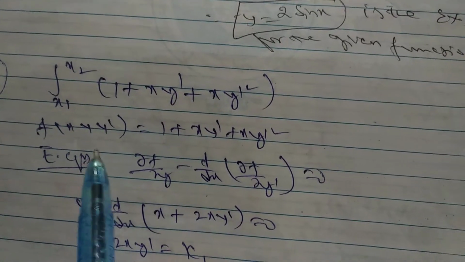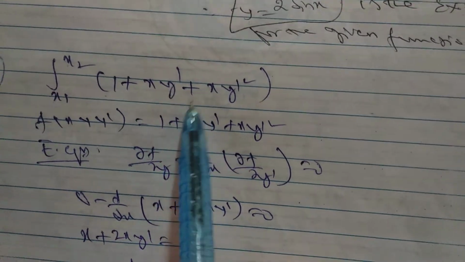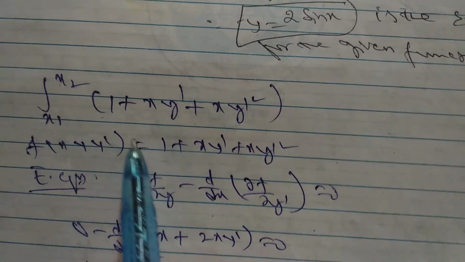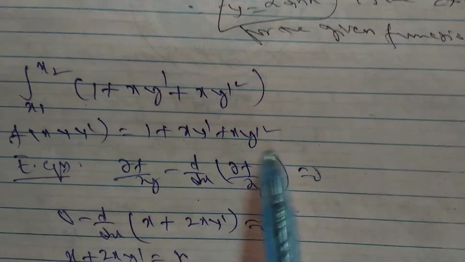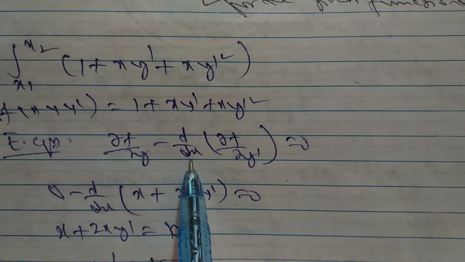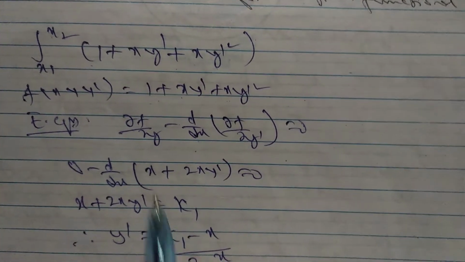Next problem: the integral from x1 to x2 of (1 + x y' + x y'^2). So here also, same thing, you take the function F(x, y, y') = 1 + x y' + x y'^2. So Euler's equation, already known: ∂F/∂y − d/dx(∂F/∂y') = 0. So what is ∂F/∂y?